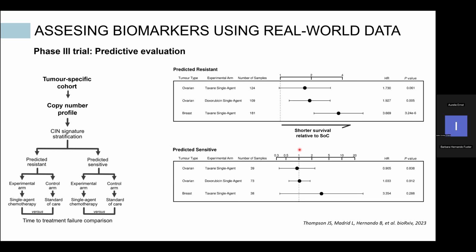And then what we see is that those that are predicted sensitive have a similar time to treatment failure as the standard of care. This confirms that our biomarker is identifying those patients that are actually resistant to the treatment.